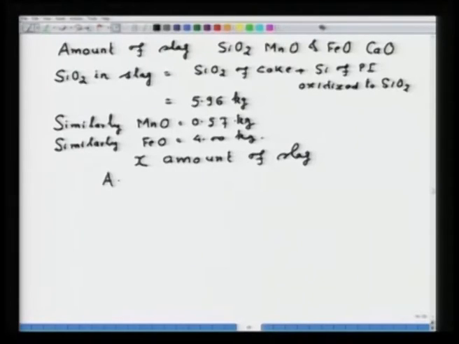So, if we sum the total and divide by 0.7, then we get the amount of slag, that is equal to 15 kg per minute.